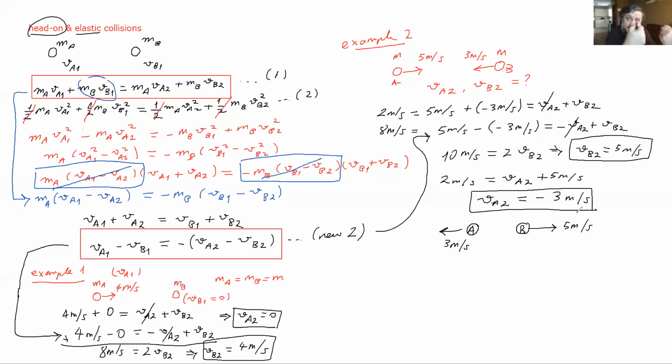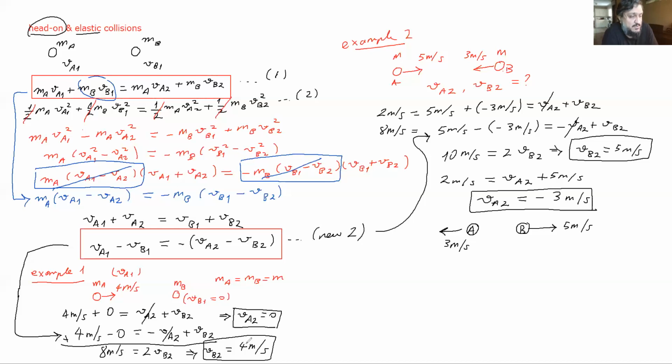They swapped their velocities, okay? And that's always the case if the masses are the same for a head-on and elastic collision. It was the same in the first example too. It was 4 and 0, and now it is 0 and 4. They swapped their velocities. Same thing happened here. All right, this was example 2.